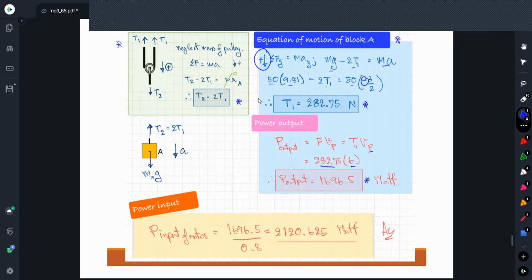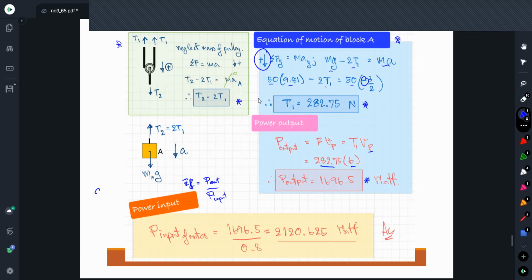To find the power input to the motor, we have to use the efficiency of the motor, which is equal to 0.8. The efficiency is equal to power output divided by power input. We know the efficiency, and we would like to find the power input.